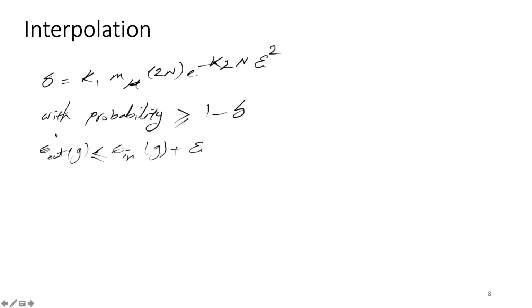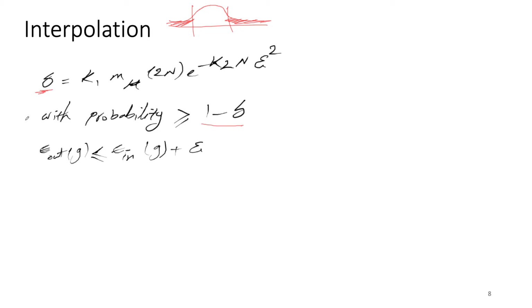So, just like before, we could define delta equal to the value of k1, growth function, exponential minus k2, and epsilon 2. So with the probability of the confidence levels, like these two.